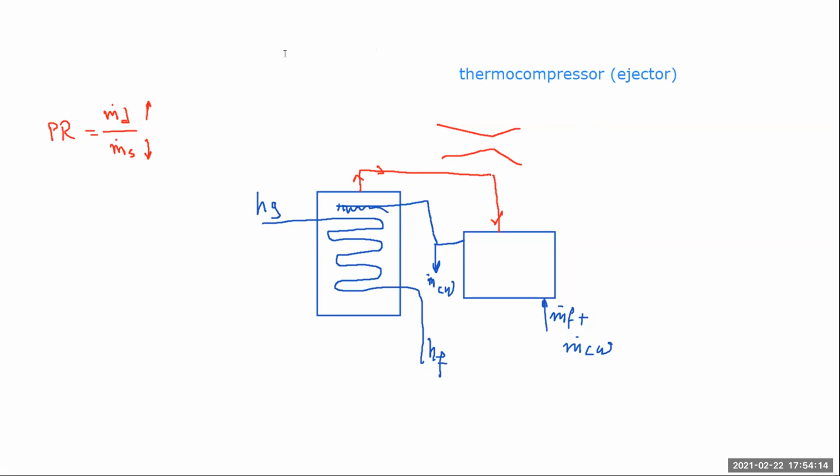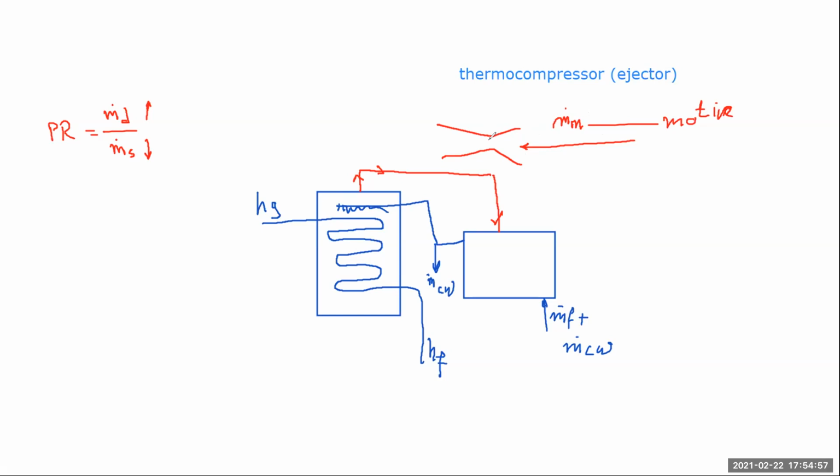So the steam from the power plant will not get here, but it will be entered here. We call it m dot m, and the m here stands for motive. The motive steam that will come here is going to go through a nozzle. So when it goes through a nozzle, the area reduces. So what happens? Its velocity increases. Yes, the velocity increases until the throat here, where the velocity reaches the speed of sound.